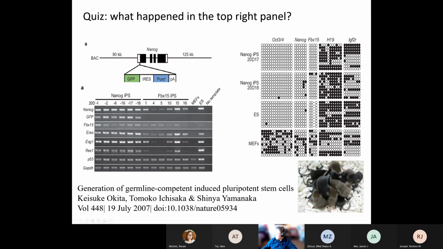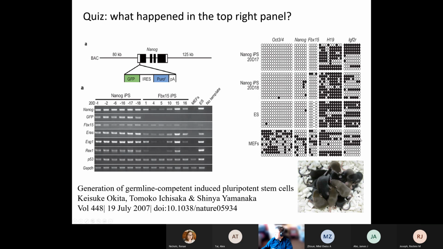But lastly, I also wanted you to appreciate something. You can see for these other genes, H19, for example. Let's not take H19 as an example, that's not the best example. Let's take the IGF-1 receptor. This is a gene not specifically related to pluripotency.